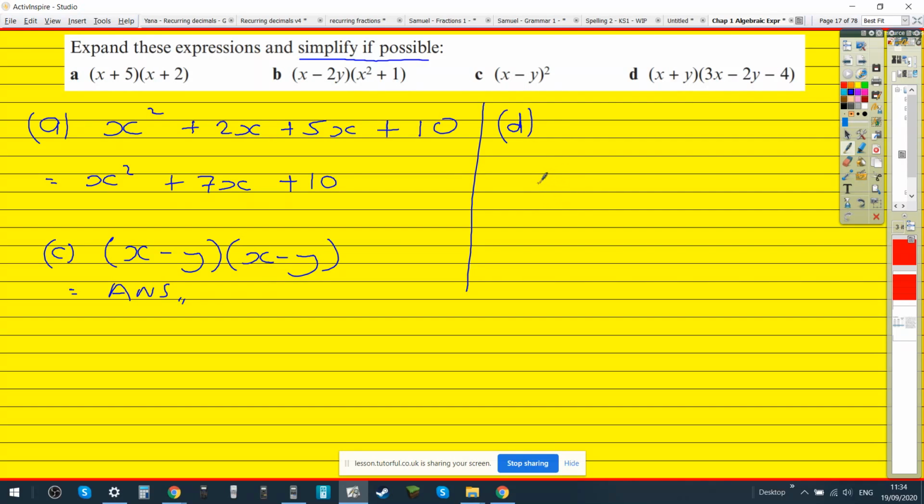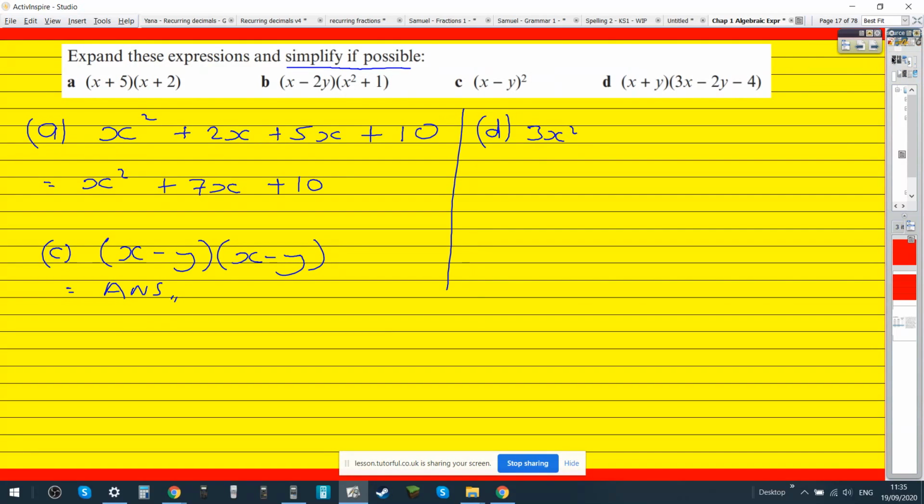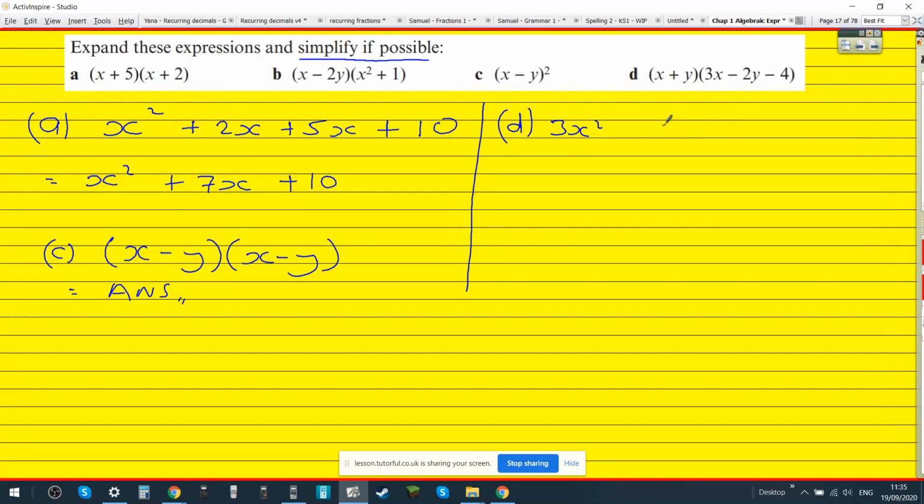So this time it's 2 by 3. So would it be 3x squared? Yep. And then minus 2y squared. Okay. Wait, so would it be minus 2y squared?